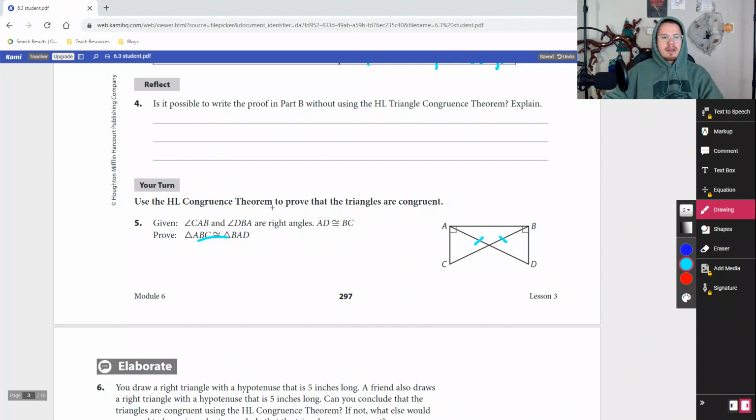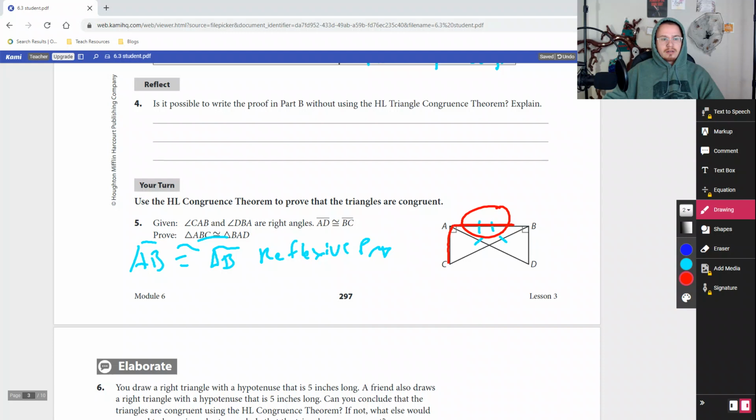So, AB is congruent to itself, right, via reflexive property of congruence. So, therefore, you can already prove, because you have the hypotenuses, and now you have a leg.